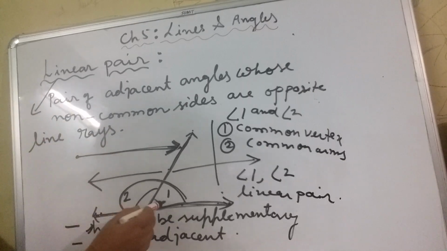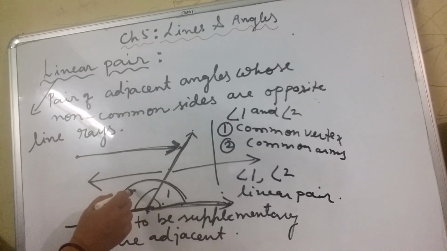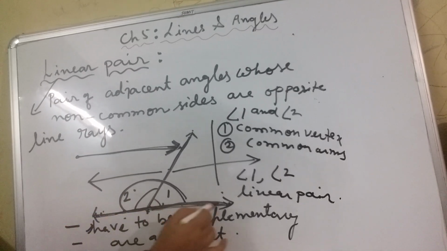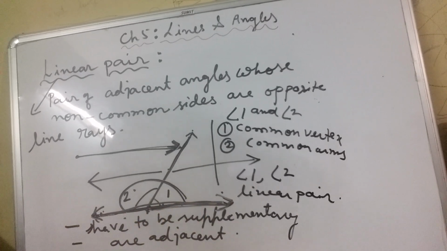Angle 1 and angle 2 are forming a line. That's why this is called a linear pair.